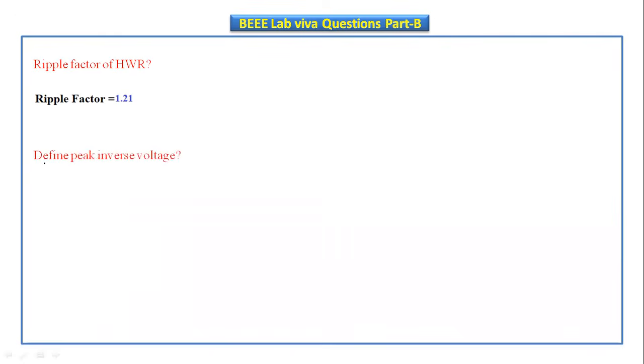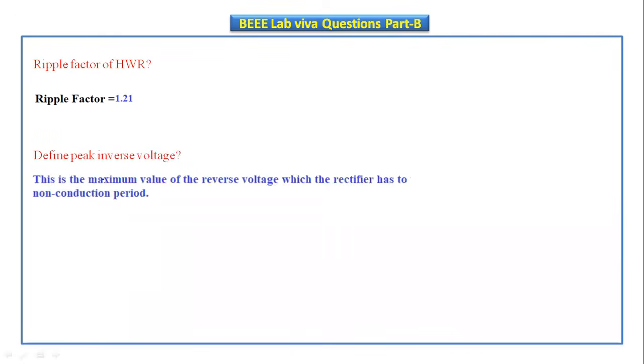Next, define peak inverse voltage. This is the maximum value of the reverse voltage which the rectifier has to withstand during the non-conduction period. In the reverse bias condition, the diode will not conduct. The diode will be in the open circuit condition.